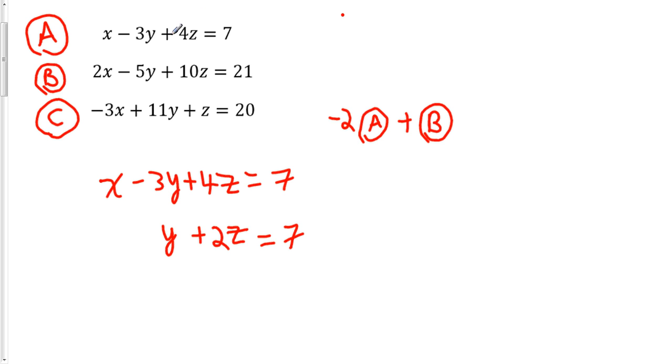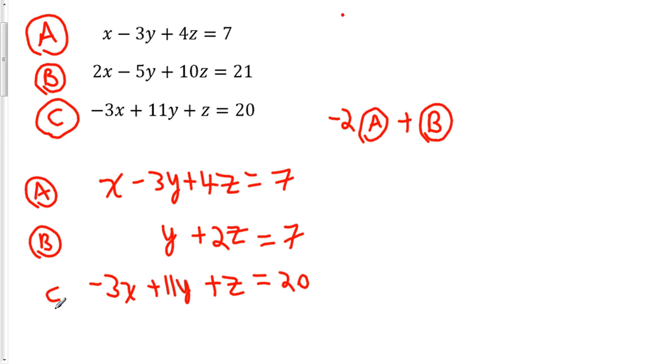So I'll have -3x, plus 11y, and plus z still equal to 20. So now this is still A, this is still B, and this is still C. Remember, I'm just using A, B, and C to denote which row I'm looking at.